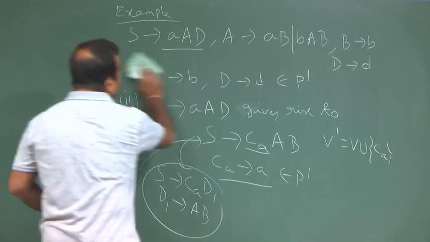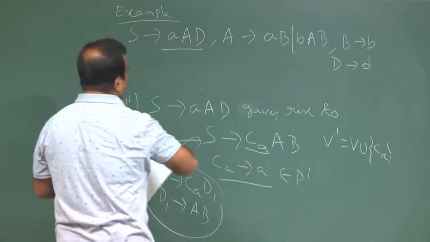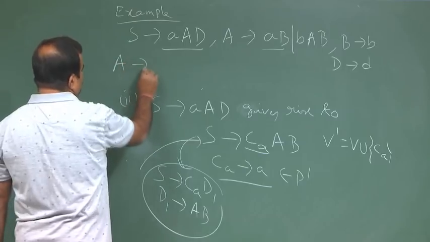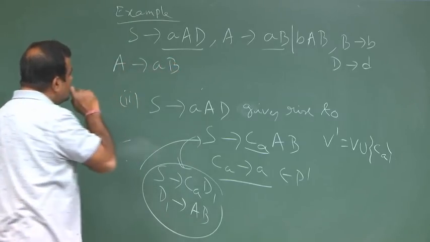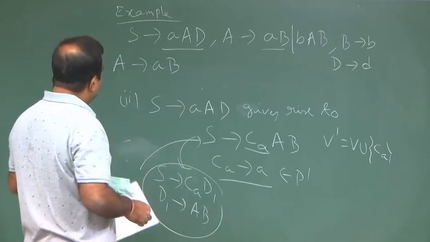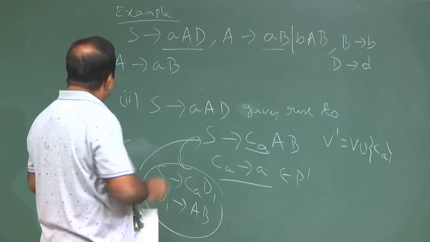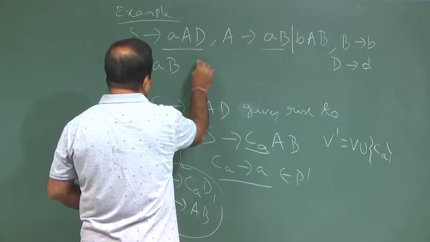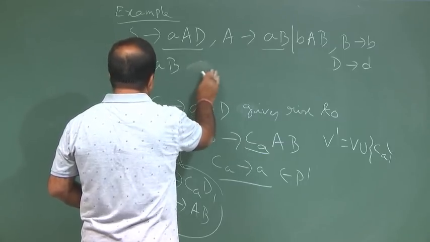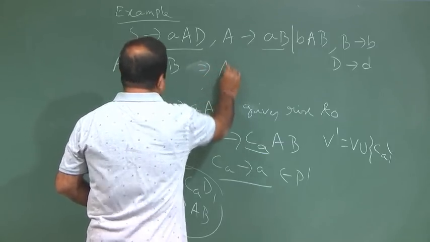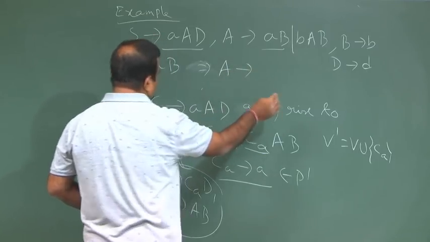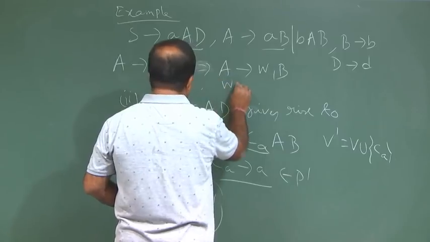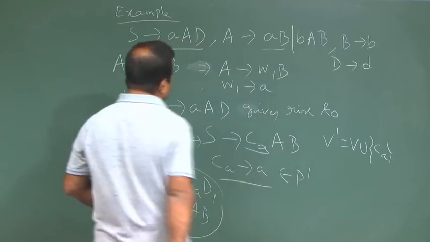This is done. Now, these two are not in normal form. So, A is going to AB. One thing we can do is change this to another variable, so this will be replaced as A going to W1 B, and W1 is going to A, like this.